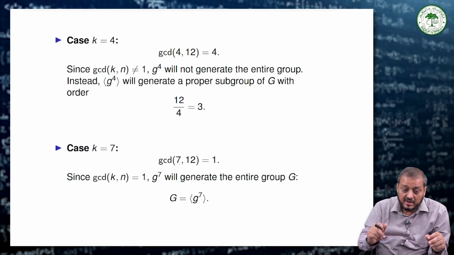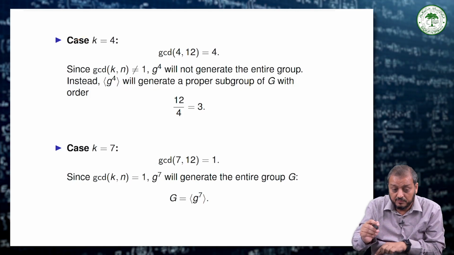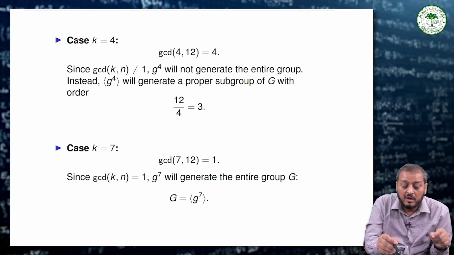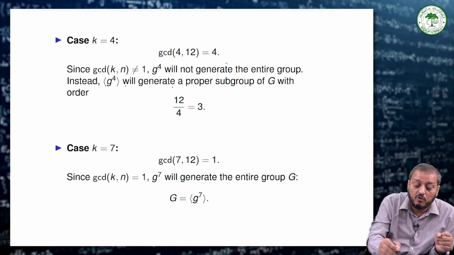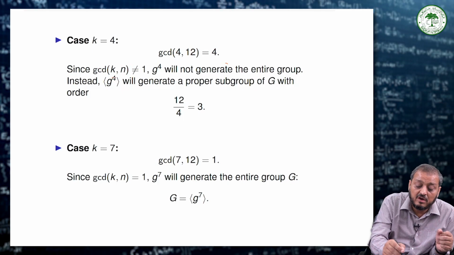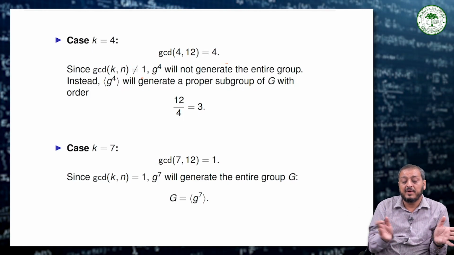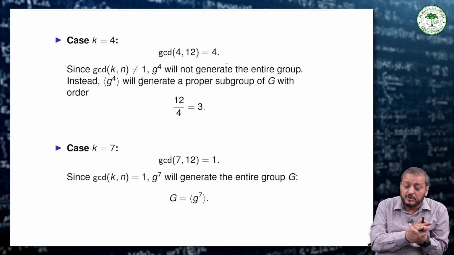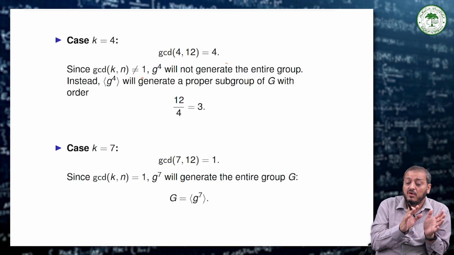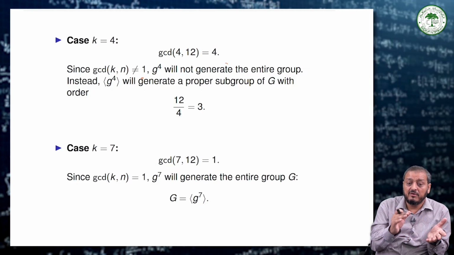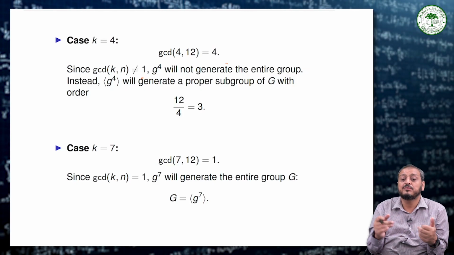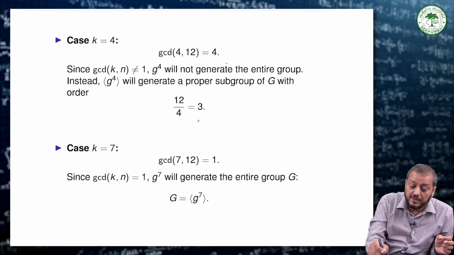Now, we have another case, k equal to 4. If k is equal to 4, then the GCD of 4 and 12 is equal to 4, so k and 12 are not relatively prime. So, g to the power 4 will not generate the entire group. Instead, g to the power 4 will generate the proper subgroup of G of order 3.